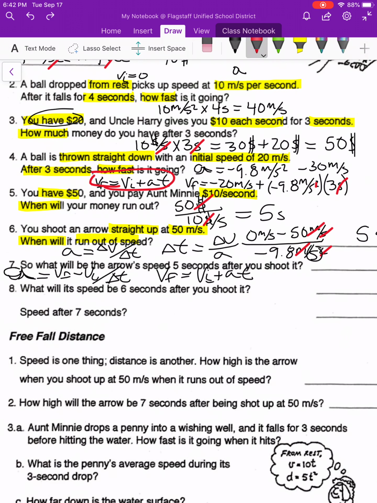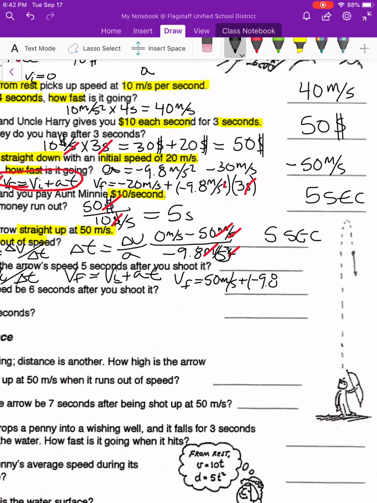So now I basically just plug in what I've been given, right? So again, this was using the same values from problem 6. So V final equals my V initial, which was positive 50, 50 meters per second, plus negative 9.8 meters per second squared.